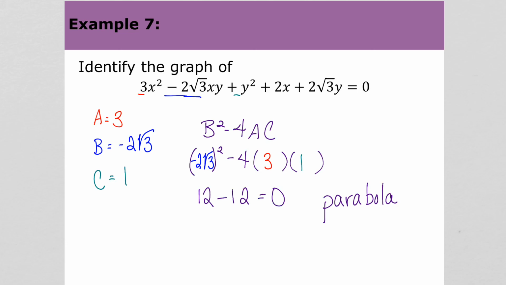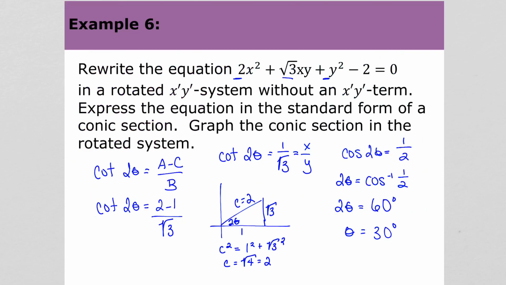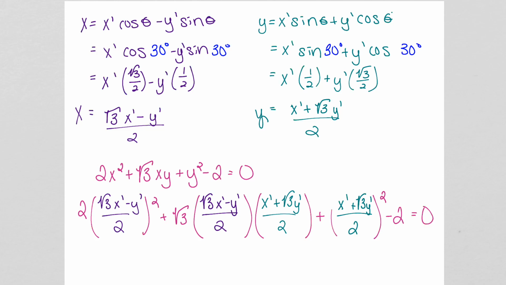Okay, now this concludes our section on rotation of axes. I may try to make another example, but basically if you go back to example 6, if you didn't catch on the first time, watch the video again through example 6. All of them will look like example 6, whether it's an ellipse, hyperbola, or parabola, they will follow the exact same process.